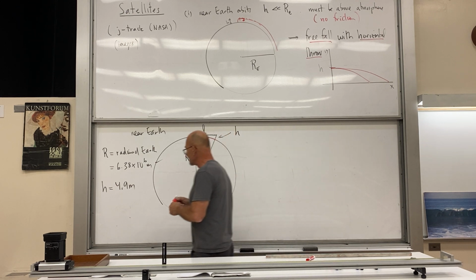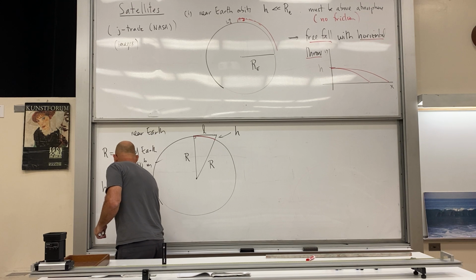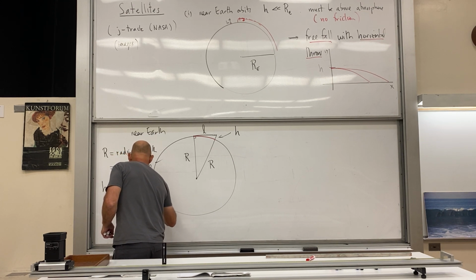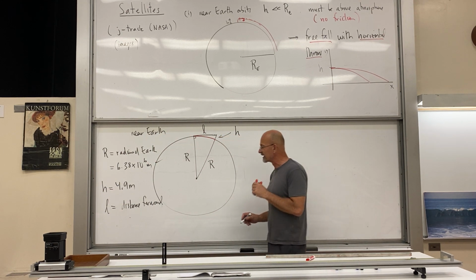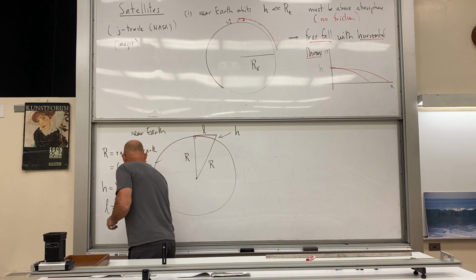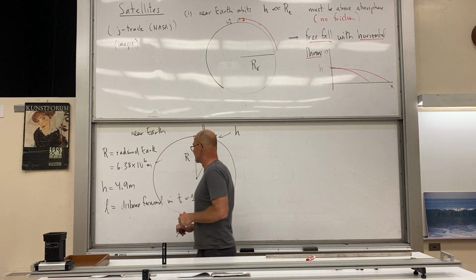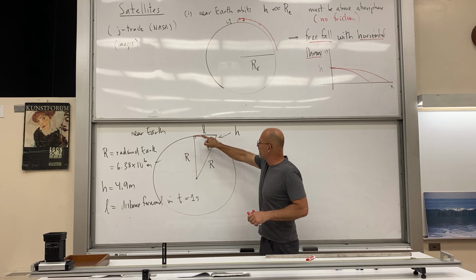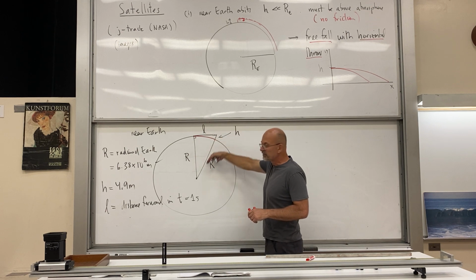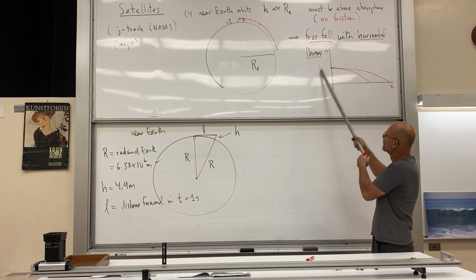And what that means is L equals the distance forward. It's the horizontal distance in 1 second, and t equals 1 second. That's the free fall in 1 second. So it's going along the red arc, but you could say it went forward and it fell down. Kind of like this here, okay?